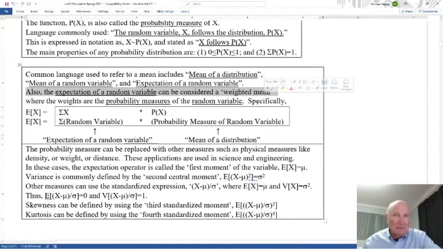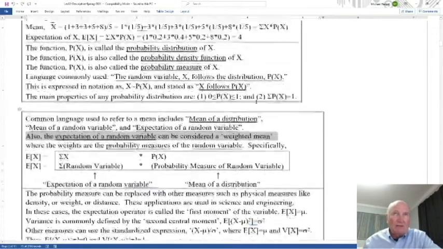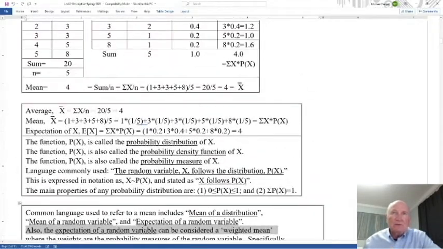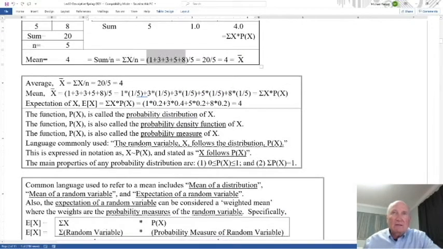A weighted mean. Why? Let's back up here. When you take an average, essentially each one of these is weighted the same. But what if I weight the 3 here with 2 over 5, because it happens twice? So this would be 1/5 and 3 would be 2/5.